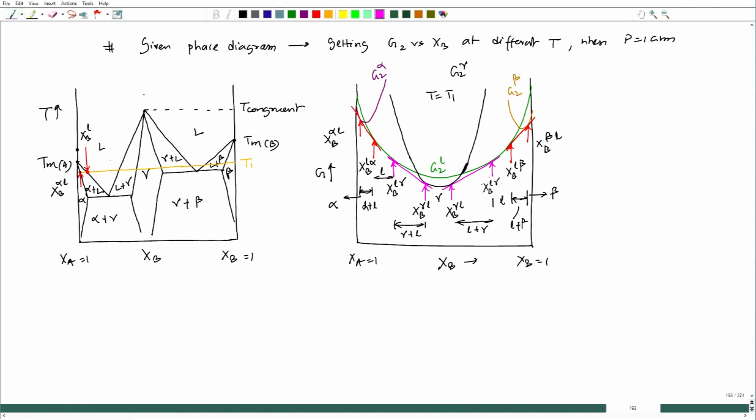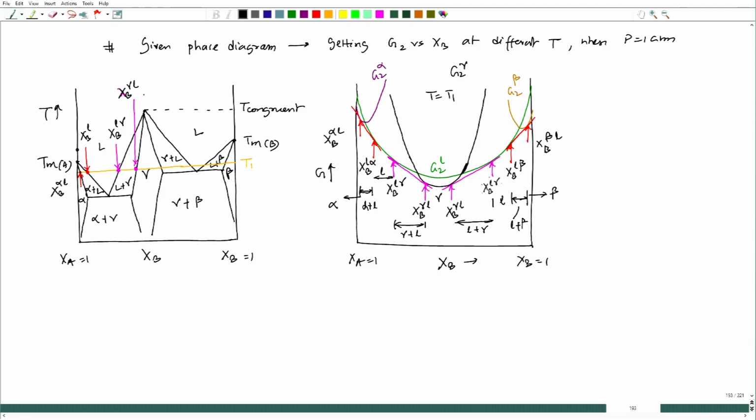Then we see the pink color. This one is X_B liquid in equilibrium with gamma. Then we have one more composition, which is this one. This is X_B of gamma in equilibrium with liquid.